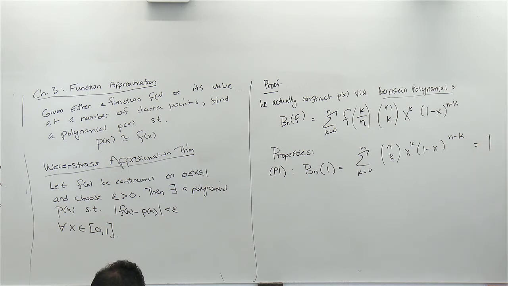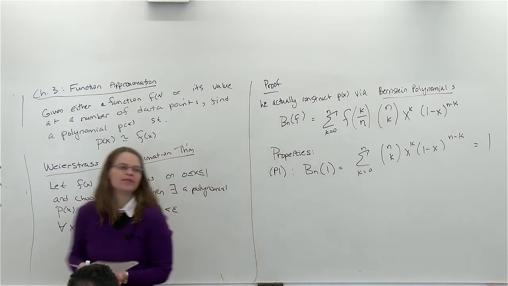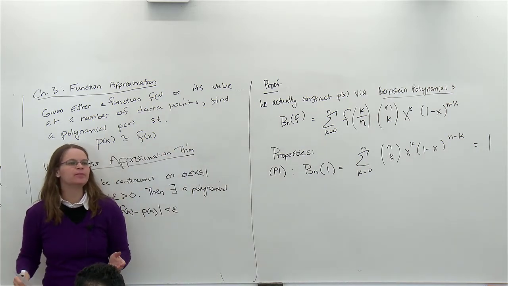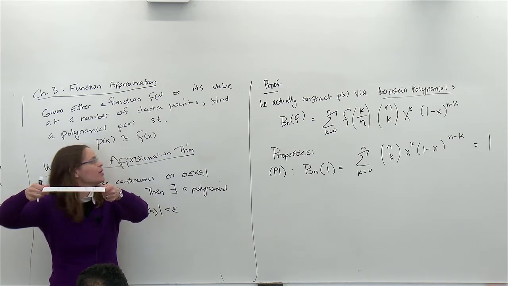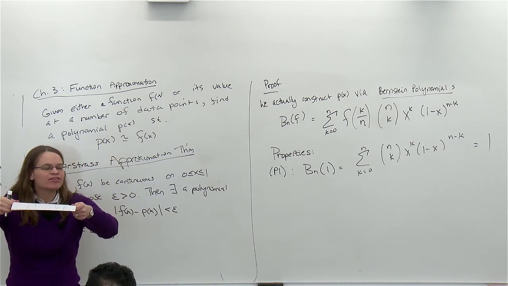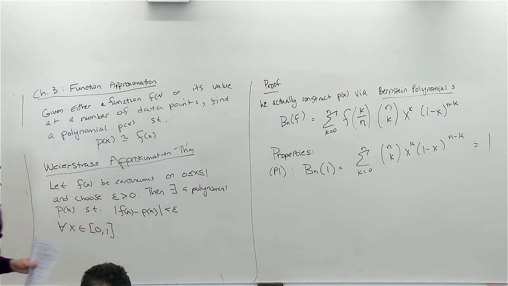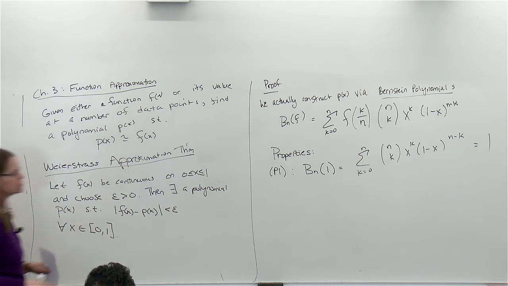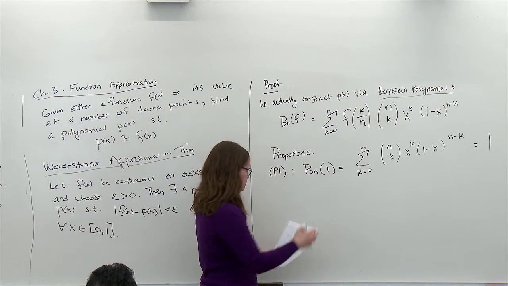When we add this all up, it just simplifies to 1. And that's probably good. If I give you the simplest, dumbest function that I can possibly think of, which is a constant function, it makes sense that we should approximate it by a constant function, the simplest polynomial we can dream of. So this is reasonable. Again, it's not that hard to prove, and you can check on Canvas.